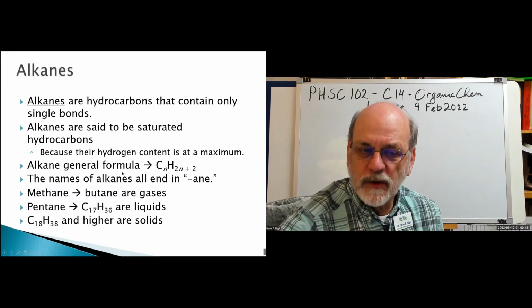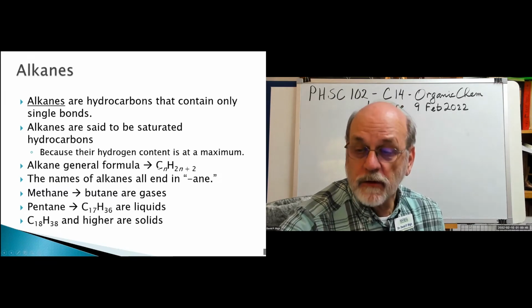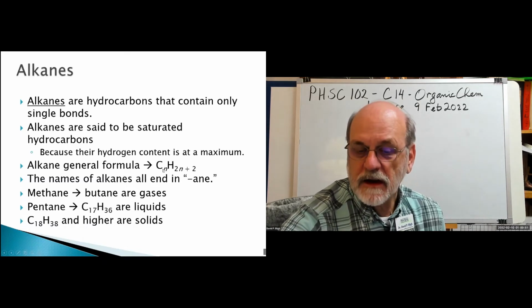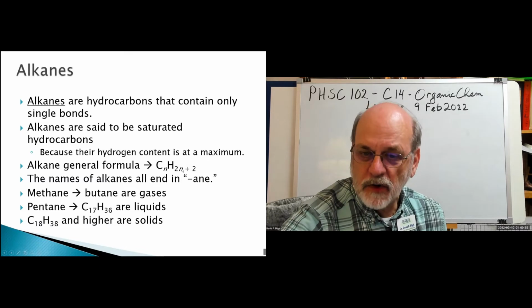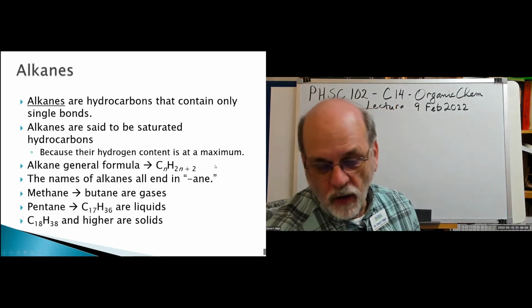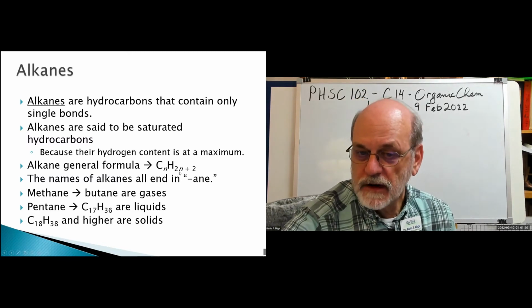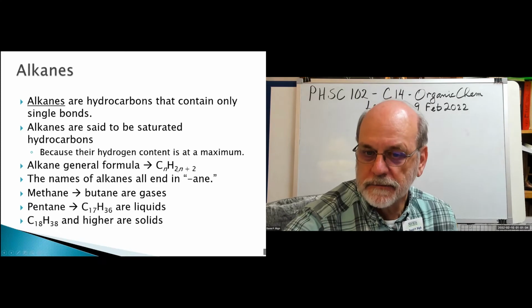So when we write the formula for an alkane, we have the number of carbons, and then we can calculate the number of hydrogens based upon this formula, right? We take the number of carbons, multiply it by 2, and add 2, and that's the number of hydrogens. Or notice, mathematically speaking, you can factor out that 2. You can say n plus 1 times 2.